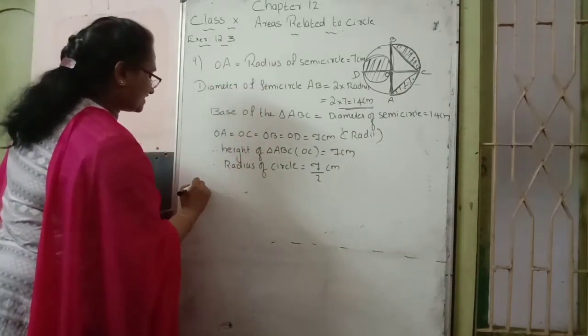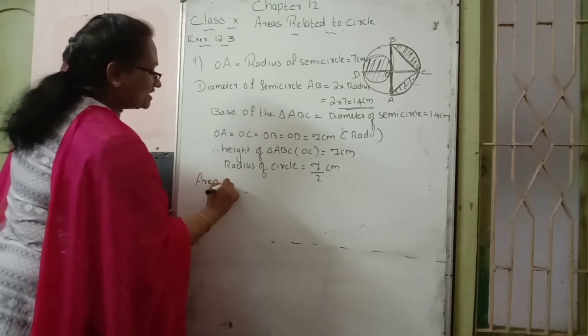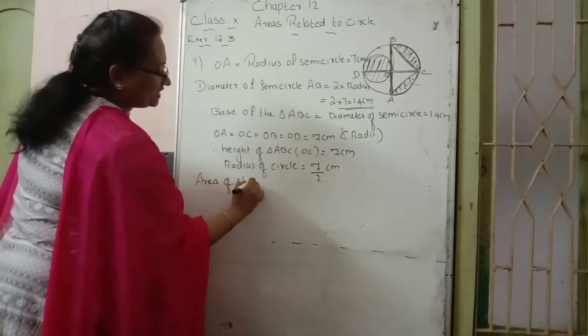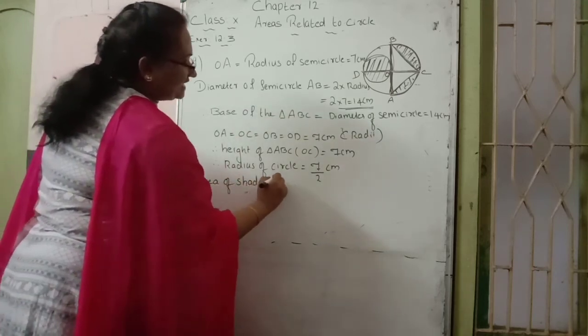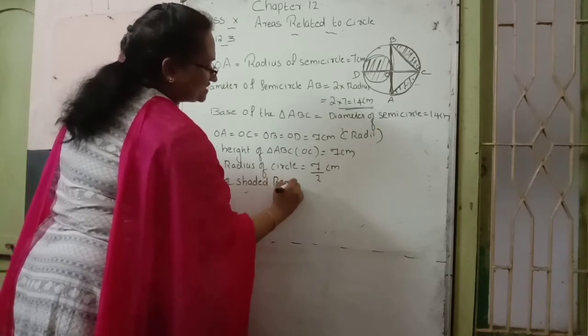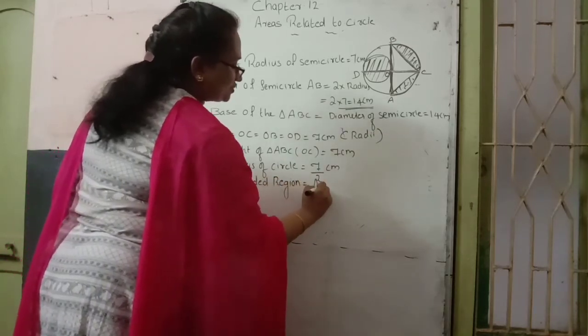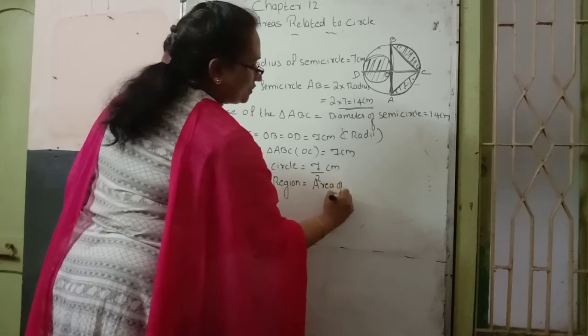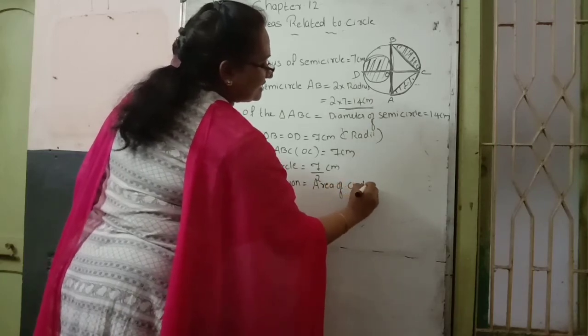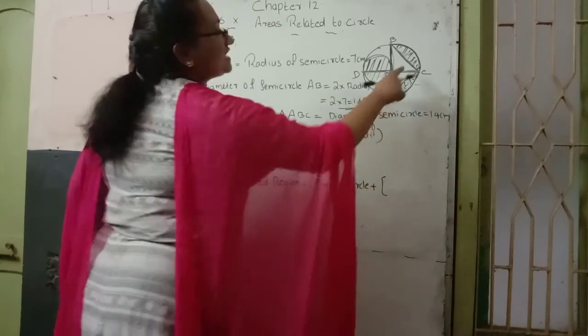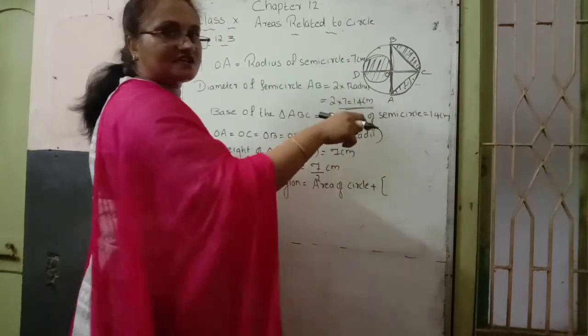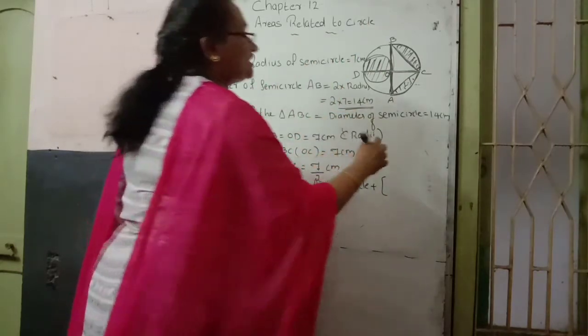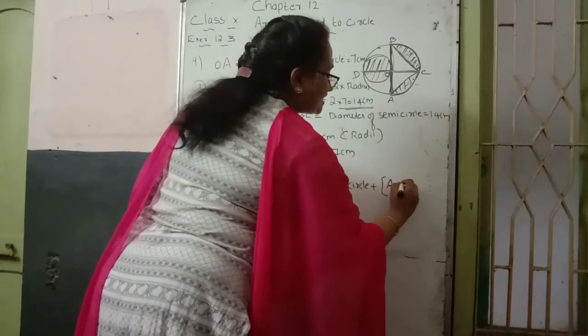Therefore, what is our aim? Area of shaded region. That is opposite. Area of shaded region is equal to area of circle added with which area? Area of this part. But how to find that part's area? That also we want to find. How to find out that area?